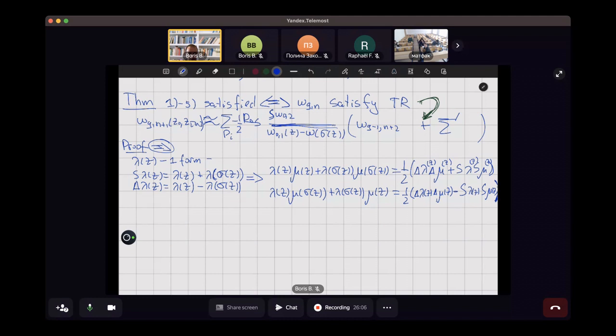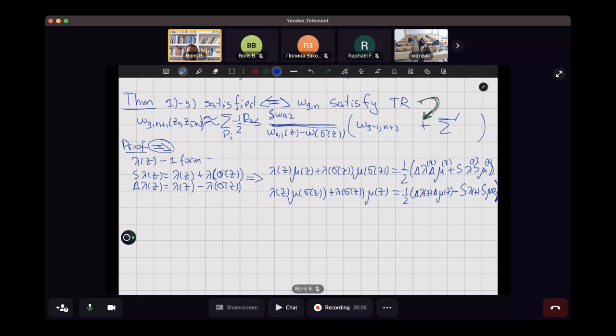No, let's see. Then this product will give, say, okay, this is lambda of z mu of z plus. So okay, let's track the sign of this summand. Just for brevity, maybe let's write lambda for lambda of z and lambda tilde for lambda of sigma of z.